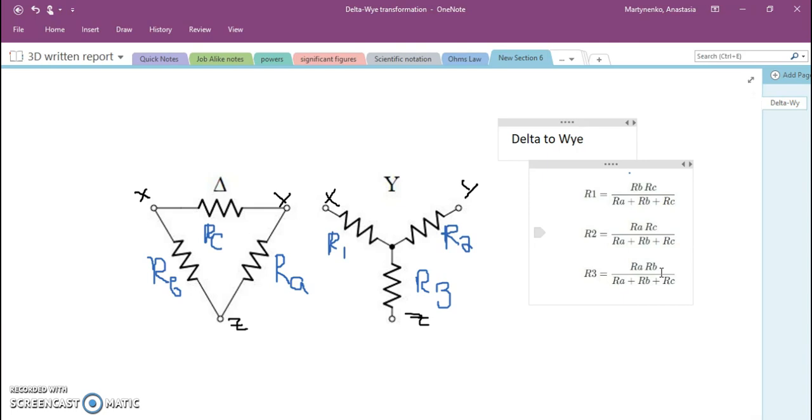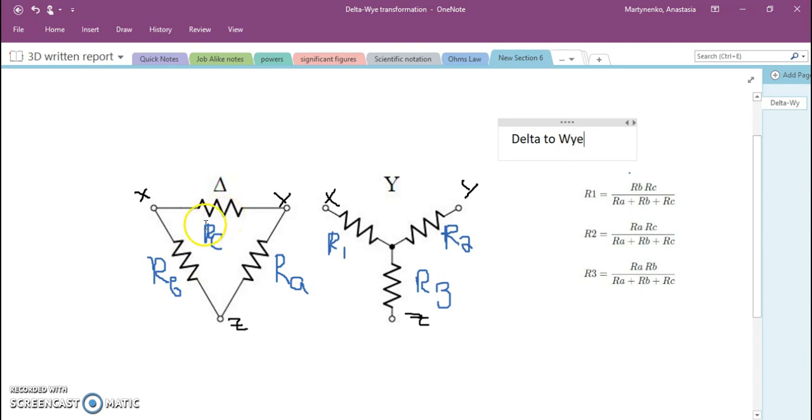Now, do you need to memorize this? No. Okay. However, there is a nice trick to remembering this one. Take a look where your R1 is. Your R1 is right in between RB and RC if I were to draw it there.